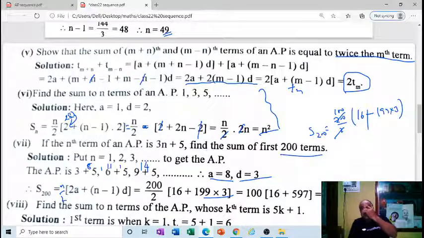So the series gets generated. Once the series is done, put that into the formula. S200 is equal to n by 2 into 2a plus n minus 1 into d. That is 200 by 2 into 16 plus 199 into 3. So it is 100 into 16 plus 597. It is 61,300.